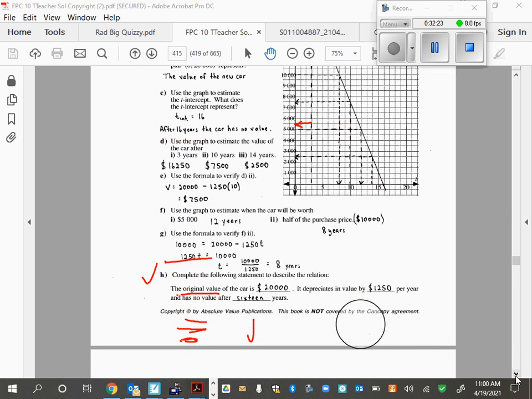There's the grand finale, the conclusion, the H sentence. Awesome. You can tell by the formula it goes down $1,250 per year. And I don't think that's an unreasonable amount nowadays for car depreciation.